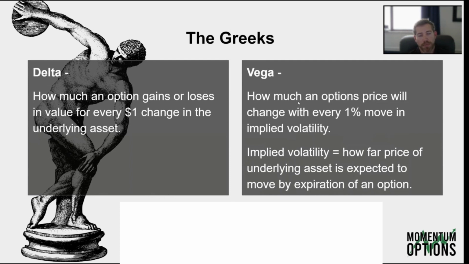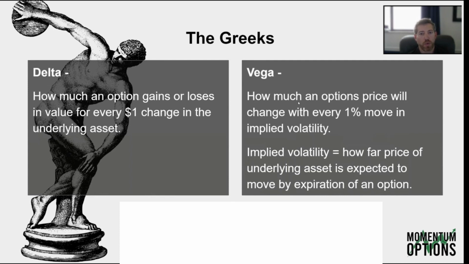If the option has a delta of 50 and price goes up $1, we make 50 on that option. But if it has a delta of positive 50 and price goes down $1, we lose 50. So I flipped it the last time I said it. If we have a negative delta, because puts have a negative delta, if we have a negative 50 and price goes up $1, that option will lose 50. So hopefully that cleared things up.